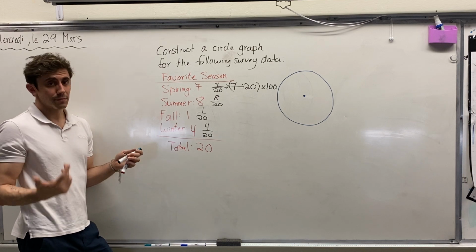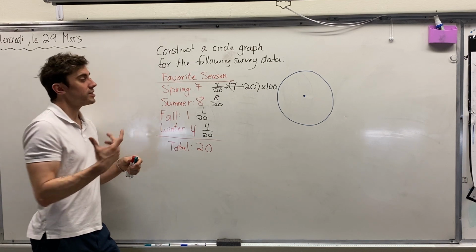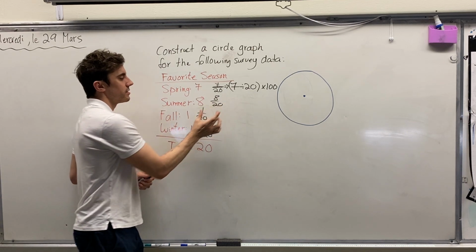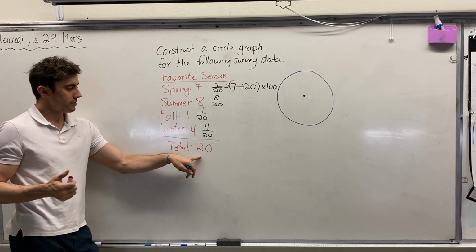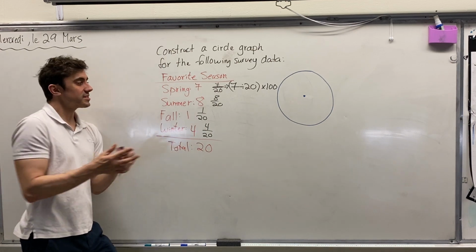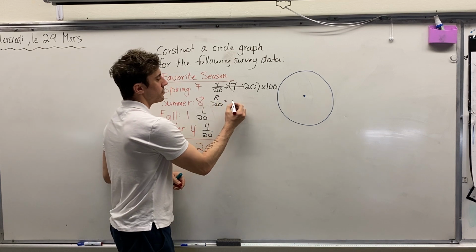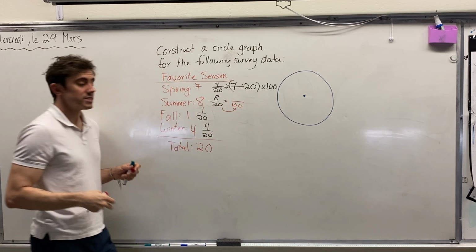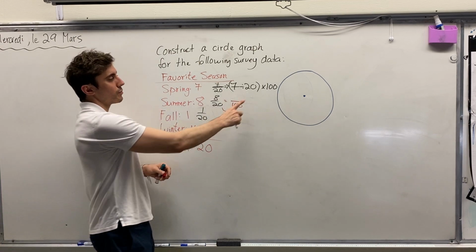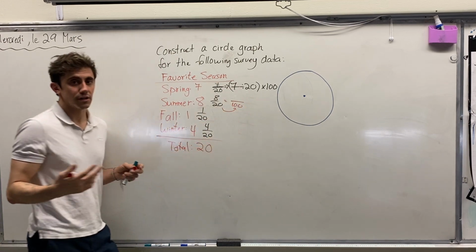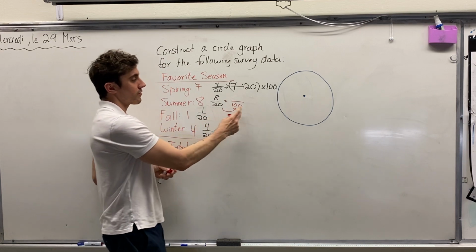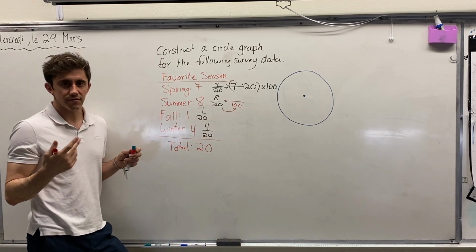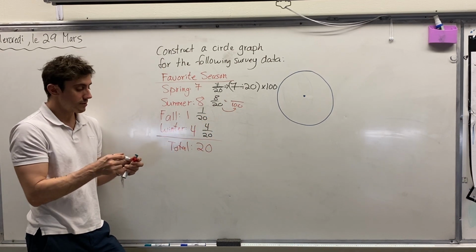Now, a better strategy, in my opinion, one that's a bit more straightforward, just because we're lucky enough to have a nice number like 20 for the total number of people surveyed, is to go nicely into an equivalent fraction that has a denominator of 100. And the reason why that's so convenient is because we know that all percentages are always out of 100. And so if we can manage to get our fractions out of 100, it converts very naturally and very quickly, okay?